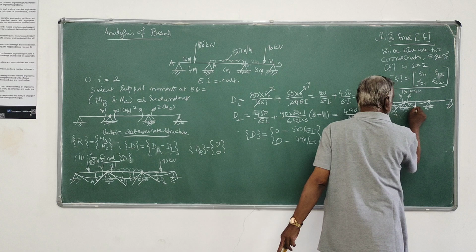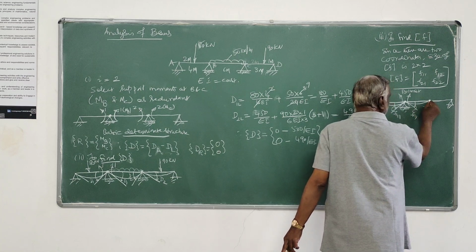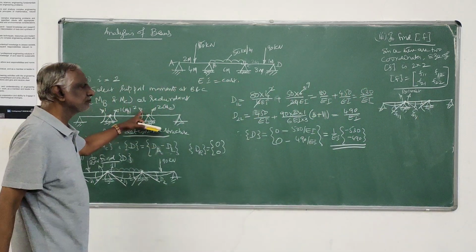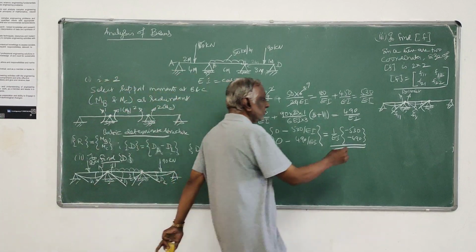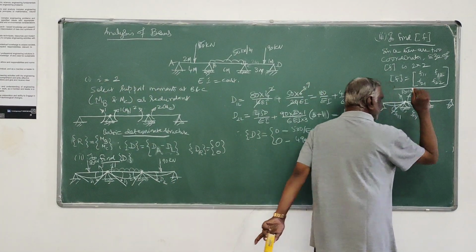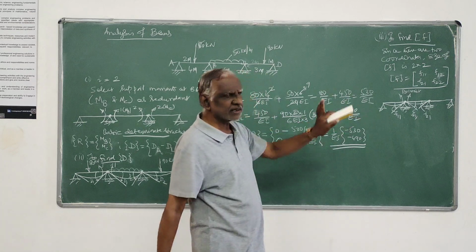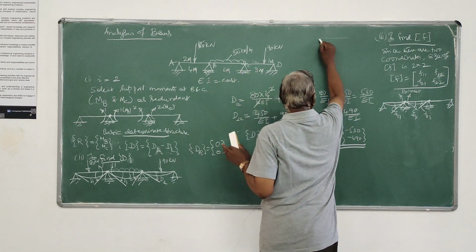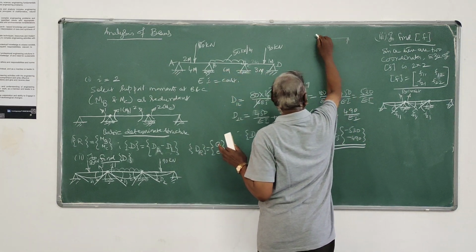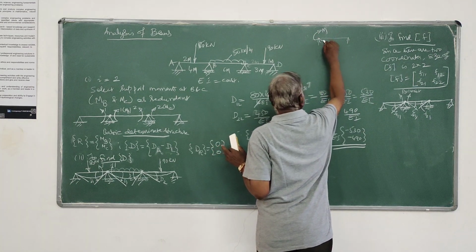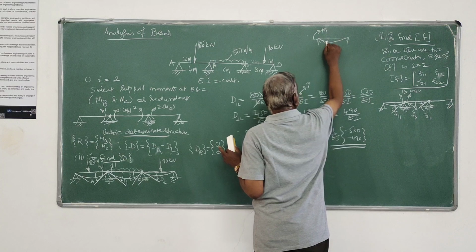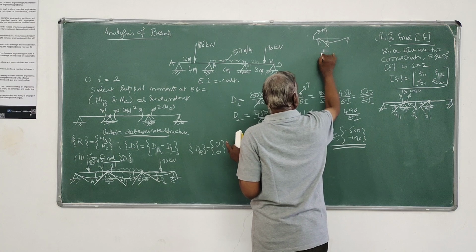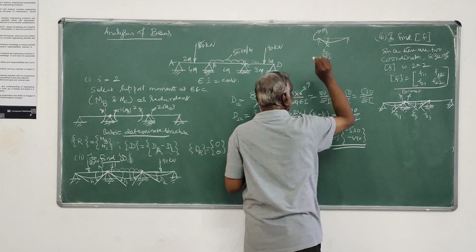And this is also F11. This is along the coordinate 2. That displacement is along coordinate 2. That is F2 when force is applied at 1. That is F21. So we have to work out. And whenever a simply supported beam is subjected to a moment at one end, then the slope at that end will be ML by 3EI.